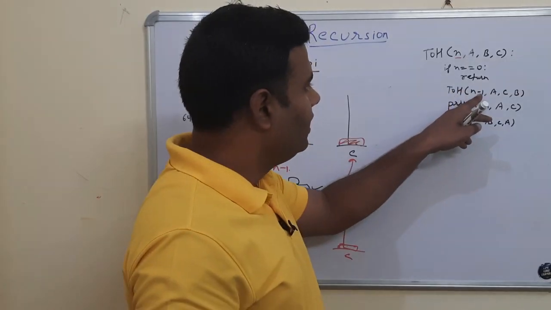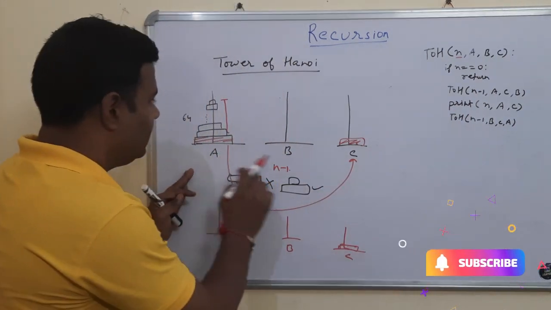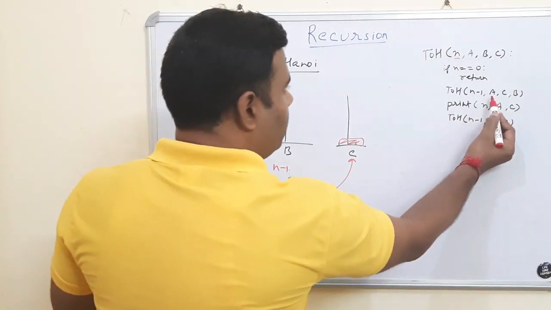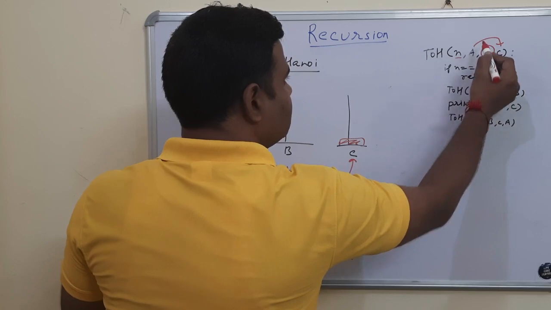In Tower of Hanoi, we are moving these n minus 1 disks to which particular tower? B. So from A to B, using C as a spare one.